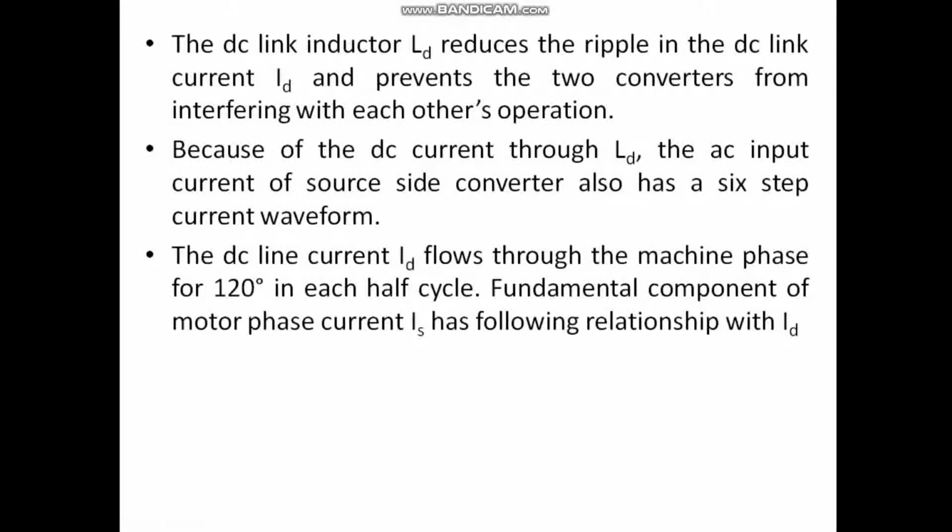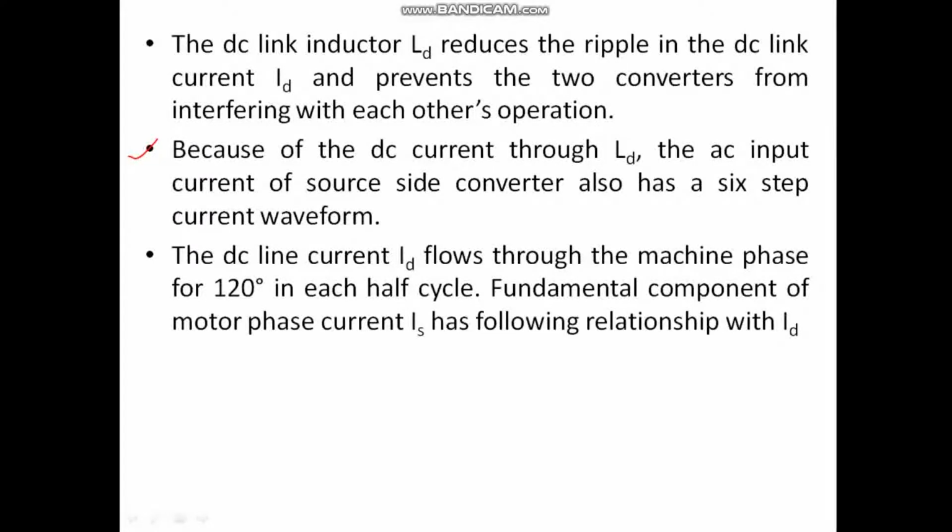I repeat the statement, why I have given this statement is because of the presence of the DC link inductor, the current ripple in the DC link current is reduced.